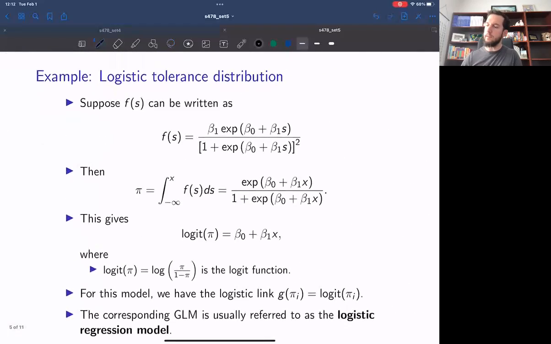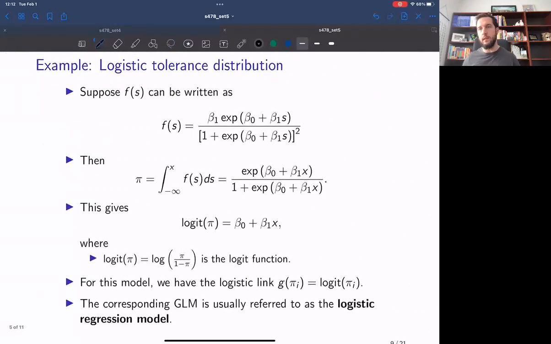All right, the second illustration is when f of s has the density shown here. Okay, so then pi i is given by exp of beta 0 plus beta 1 x over 1 plus exp of beta 0 plus beta 1 x. So that means that we have a GLM with logit of pi, which is the log of pi over 1 minus pi, equal to beta 0 plus beta 1 x.